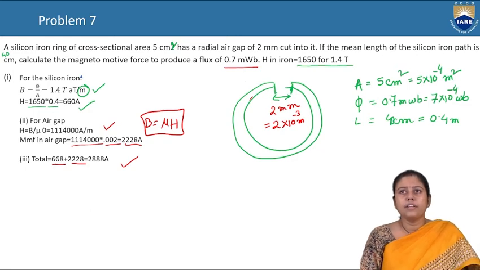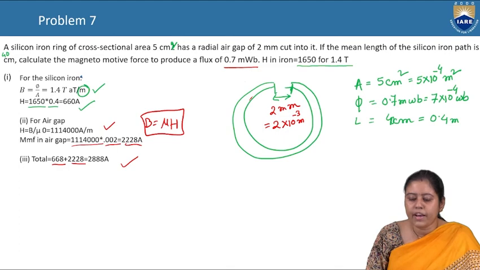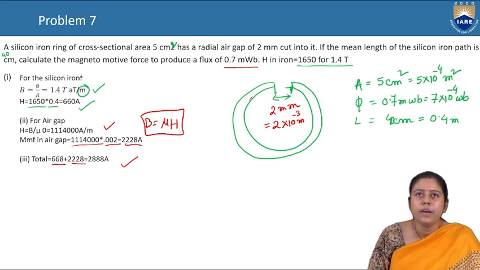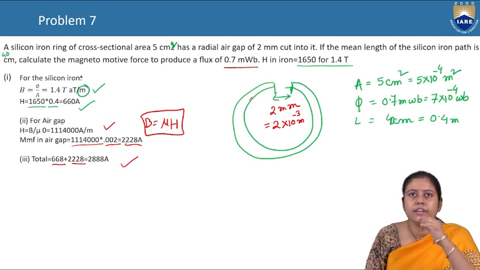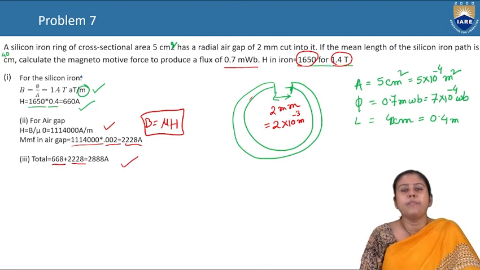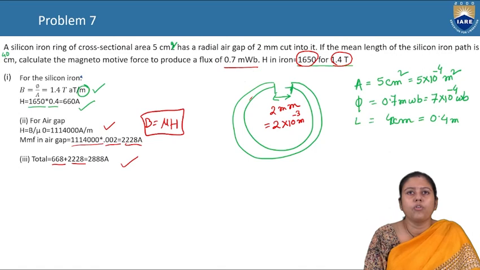So how to calculate this? Just one quick revision. We know the value of B, flux density, phi by A, which is 1.4 Tesla, and for 1.4 Tesla the H value is 1650 ampere per meter. It is given in the problem. So 1650 is for the closed path.